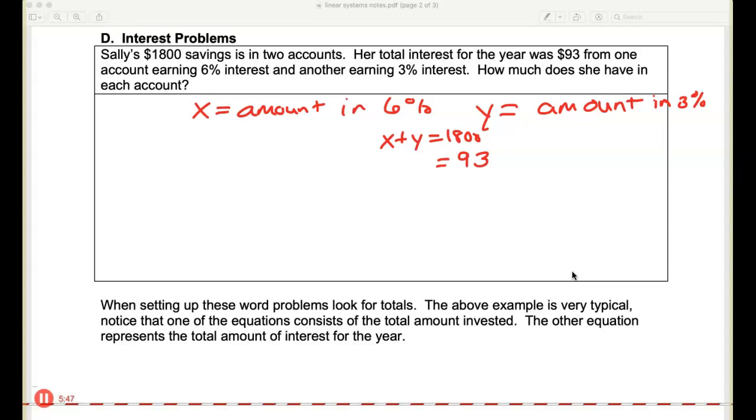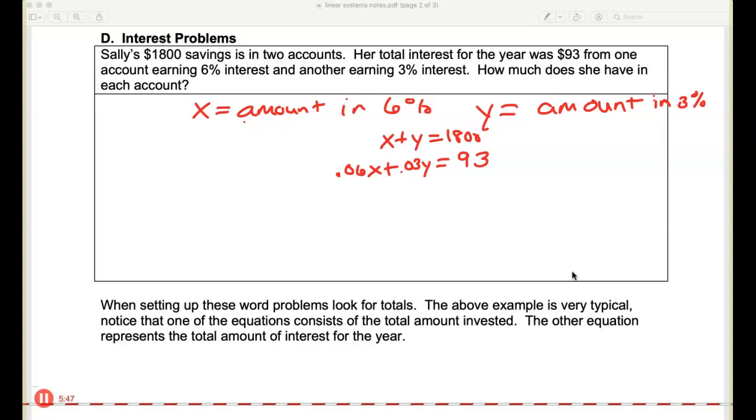So X represents our principal in the 6% account. So 0.06 times X would be our interest that we gain in that account. And then for the Y, it'd be 0.03Y, my rate times my principal in that account.